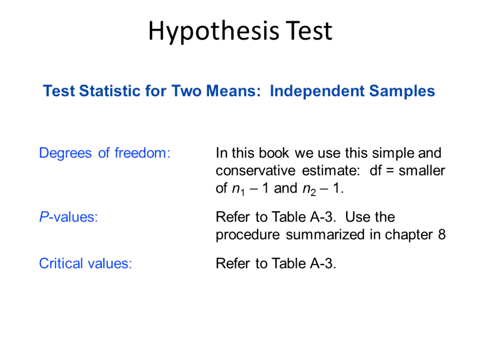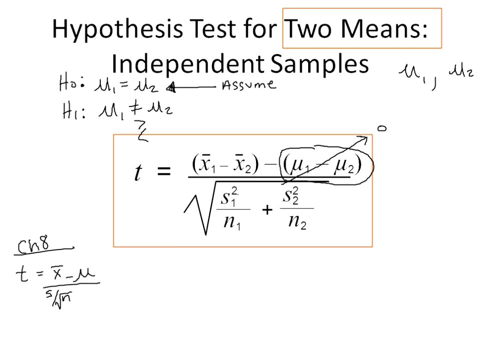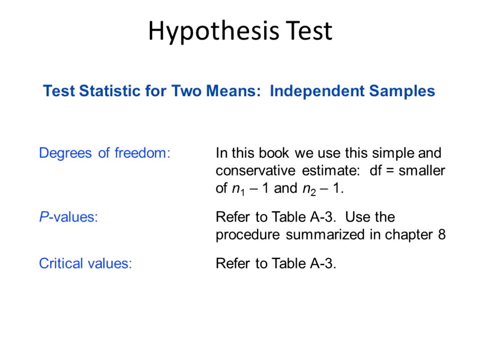Okay, so that is our test statistic. And obviously we're working with the t. You saw that was a t. So then the table we're going to be using is table A3. So when we have to calculate critical values or p-values, table A3 is the one you're referring to.